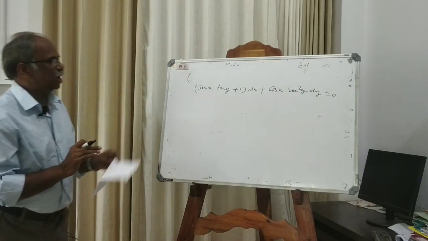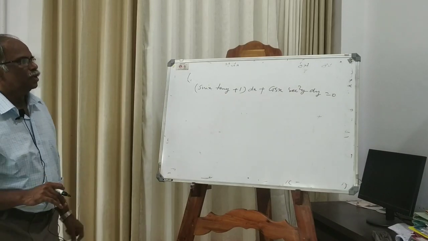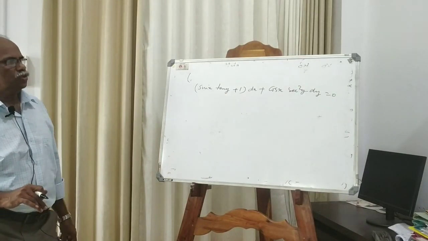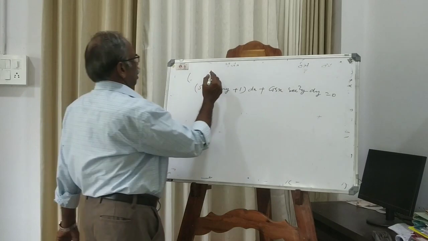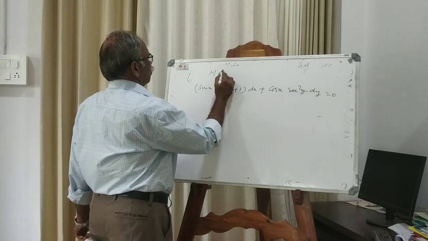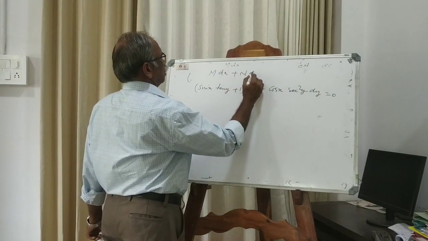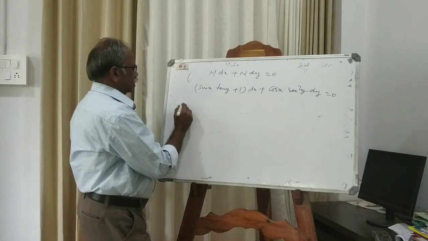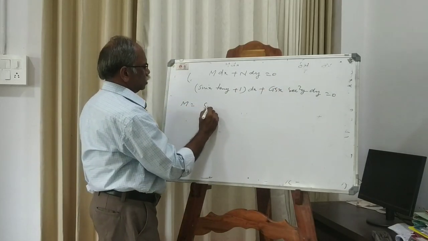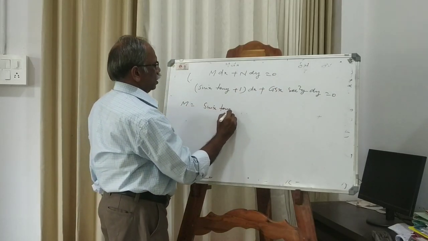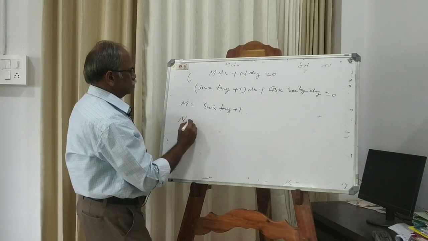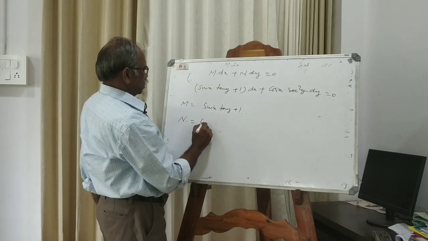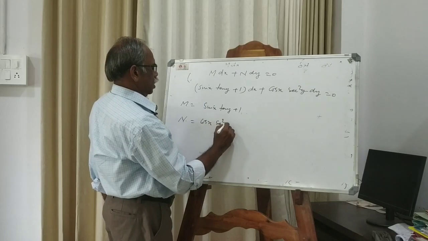We have this general form M dx plus N dy equals 0. The M term here is sin x into (tan y plus 1). The N term is cos x secant square y.